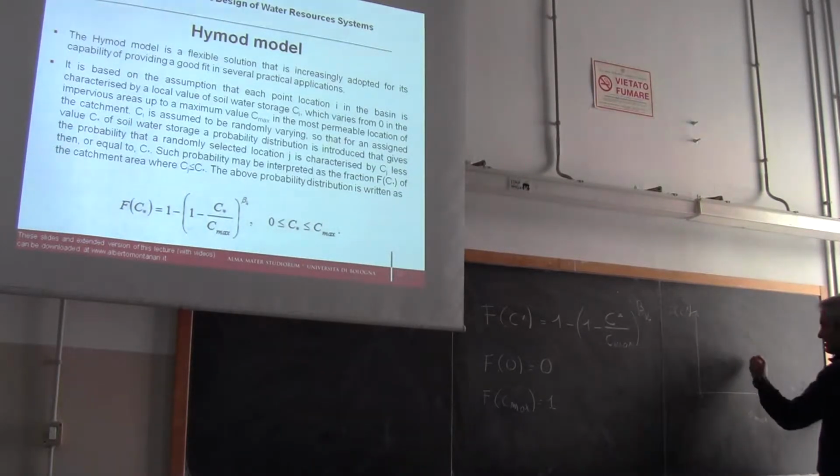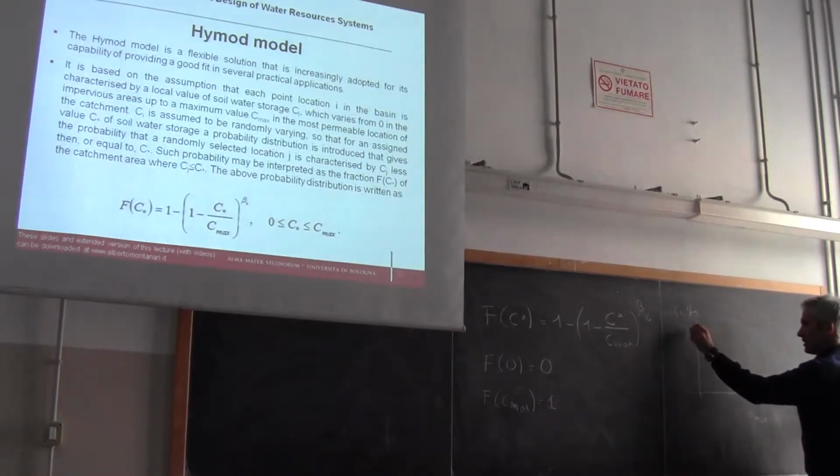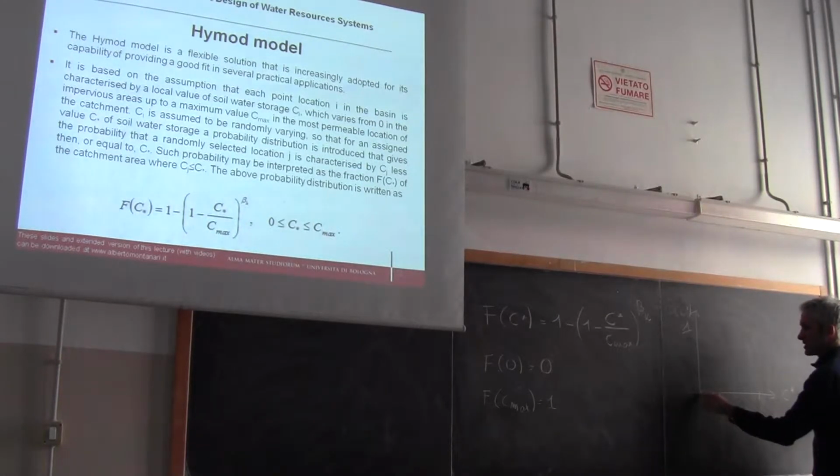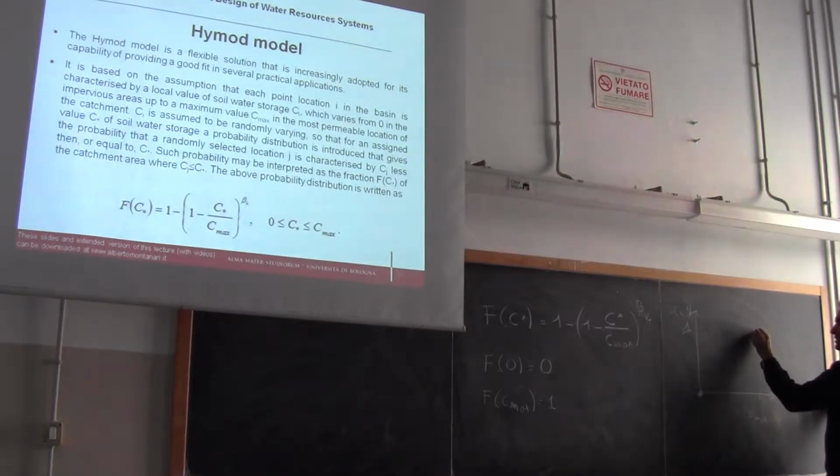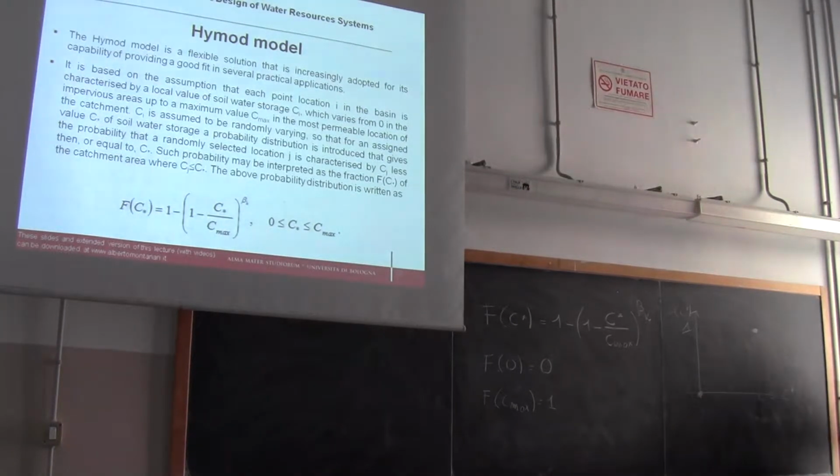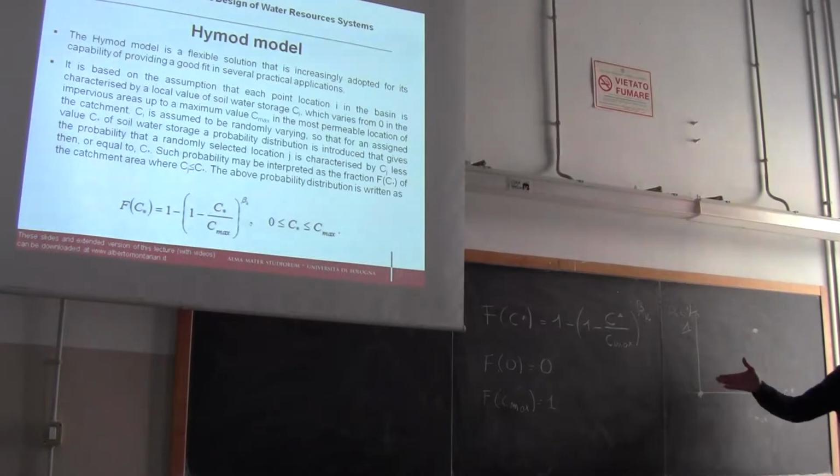So let's say that we already proved that the function starts from the origin and ends up at the point with coordinate C max and 1. So the question is, what is the shape of the function in between 0 and C max?